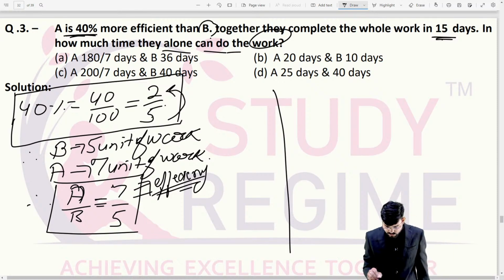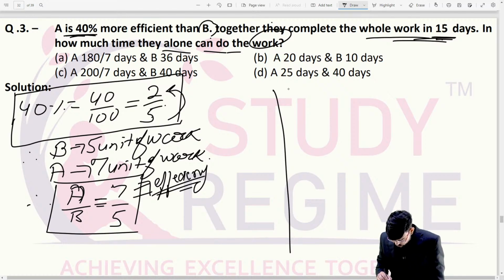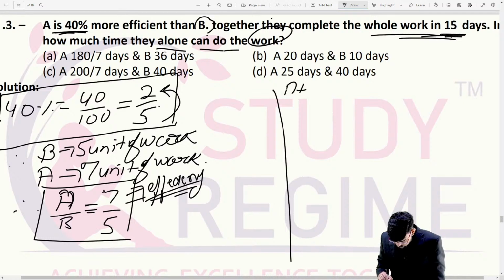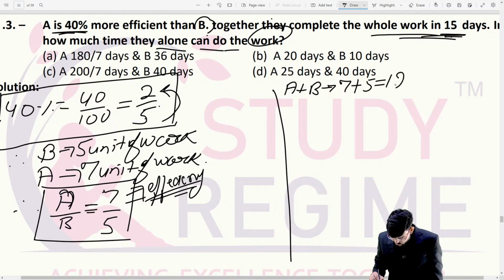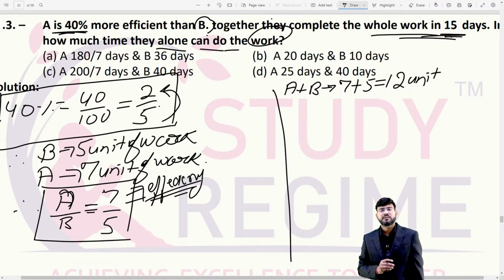Now, it is also given in the question that they complete the whole work in 15 days. They means if A and B together are completing the work. If A and B work together, how many units of work will be done? 7 plus 5 is equal to 12 units. And they are working for 15 days.